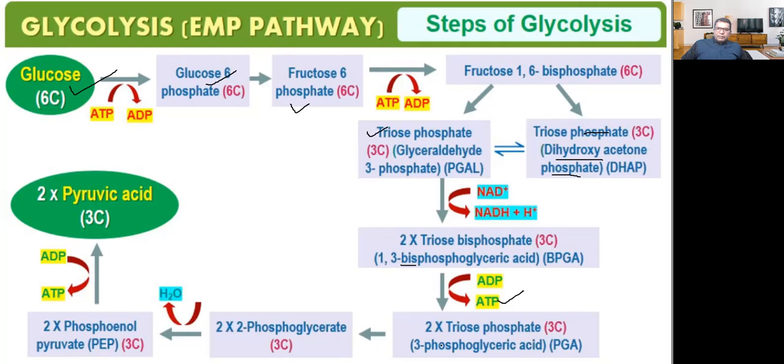Then PGA will be converted into 2-phosphoglycerate, and there will be release of a water molecule. Then it will be converted into phosphoenol pyruvate, and here again the phosphate will be released and it will be converted into pyruvic acid. So overall, from 1 molecule of glucose, 2 molecules of pyruvic acid are produced in a multi-step process. This is the overall process of glycolysis.